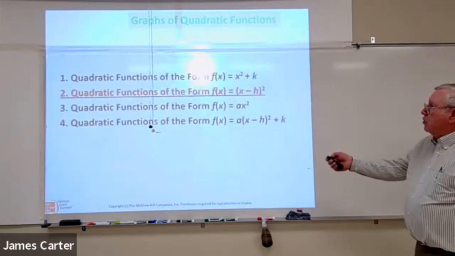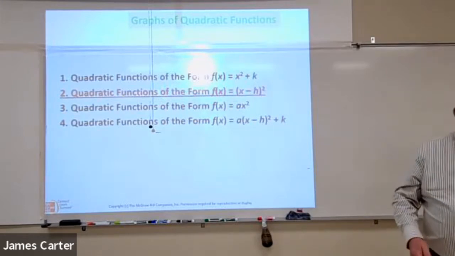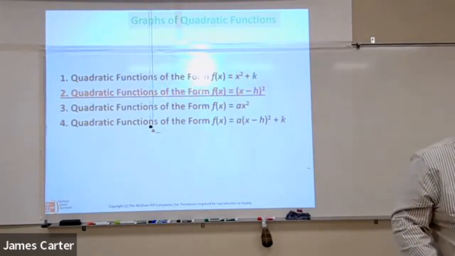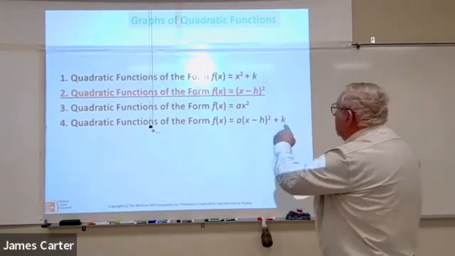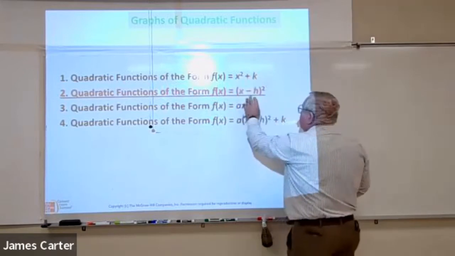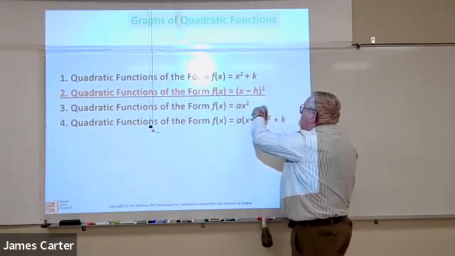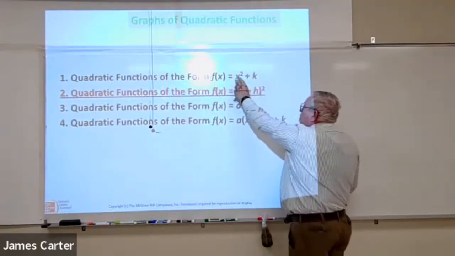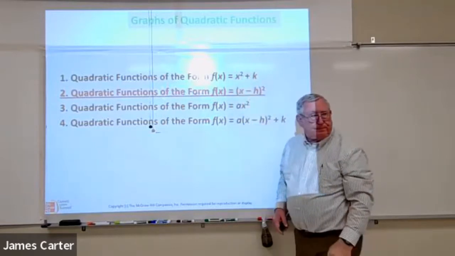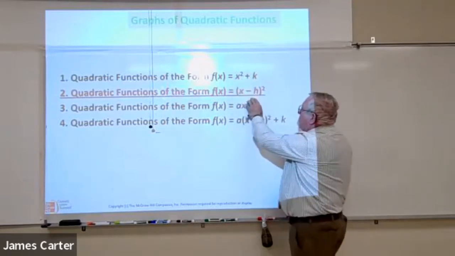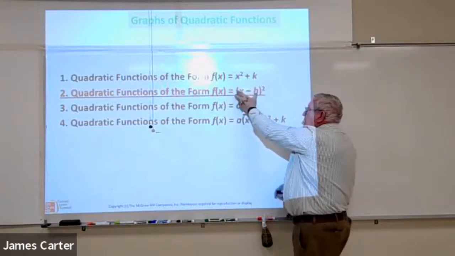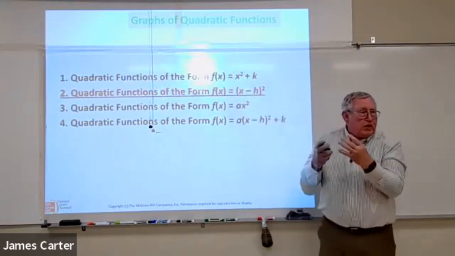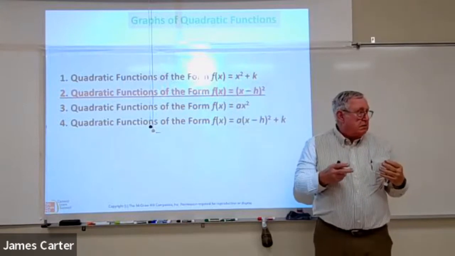Now, what about this? We're bringing in something a little different. I have introduced this to you before. This is not the first time you've seen this. The difference in this one and the difference in this one is this k is external to that x squared. In this one, this h is contained with the x.